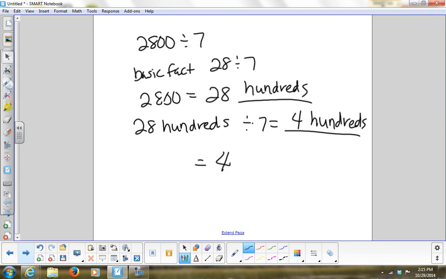What goes here? 2 zeros. 400. All right, so for number 2, 280 divided by 7, what's my basic fact? Do you have a question, Levi, or you answer?